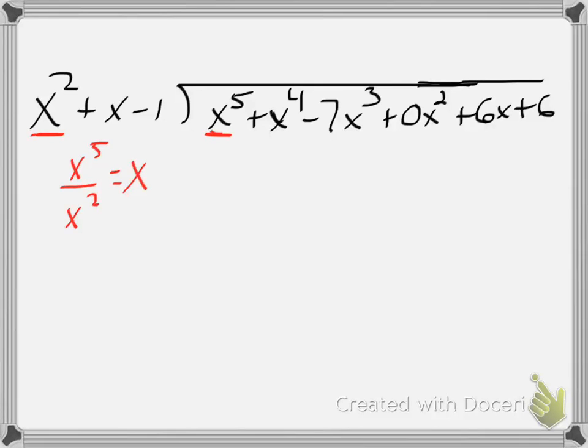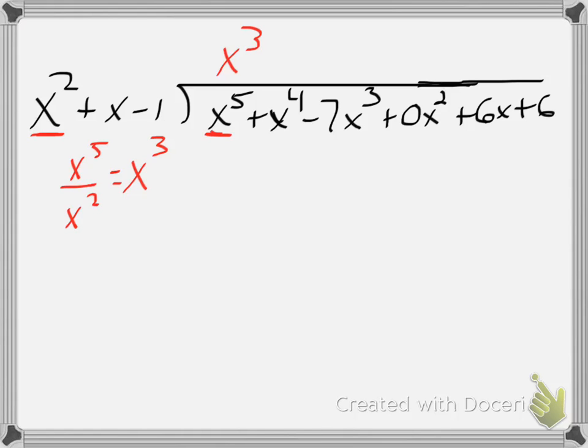So this becomes x to the third. I'm going to put that on top of my bar. So again, divide the first term into the first term, x squared into x to the fifth. I get x to the third.